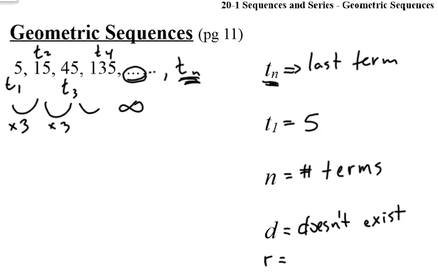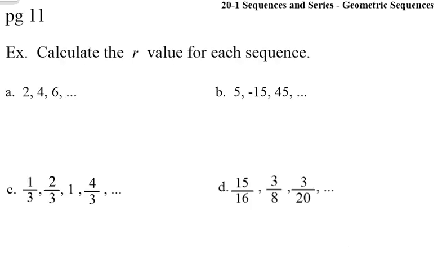Multiply by 3. 45 to 135, multiply by 3. So what are we looking at for an r value in this case? 3. And the r stands for the common ratio. That's where the r comes from. It's a ratio. What are we multiplying by? That's a geometric sequence. So, can you identify the r value in each sequence?